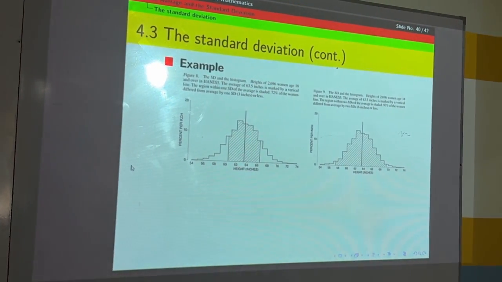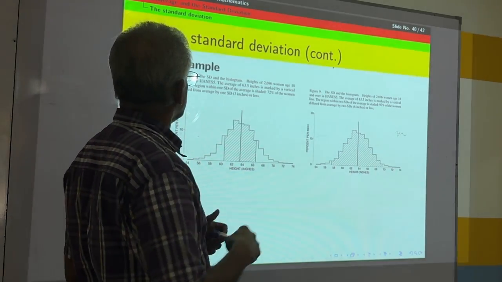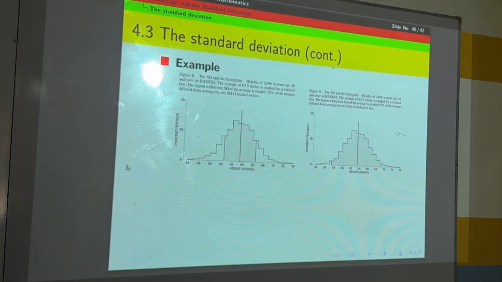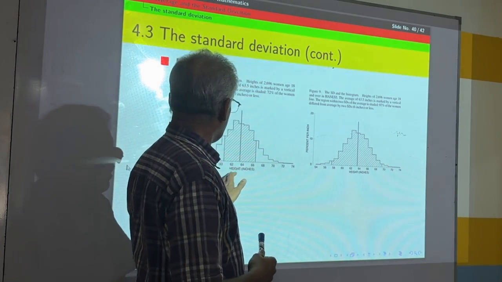So this is the same thing explained here. If you look at an actual practical situation in the previous survey, HANDS 5, the second sample, here they are looking at the histogram of heights.